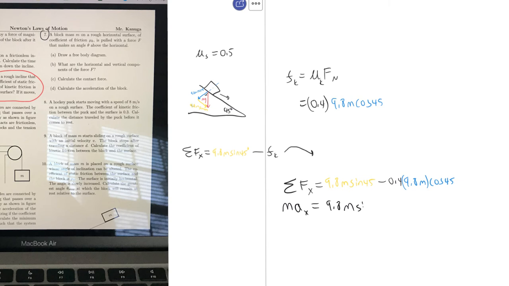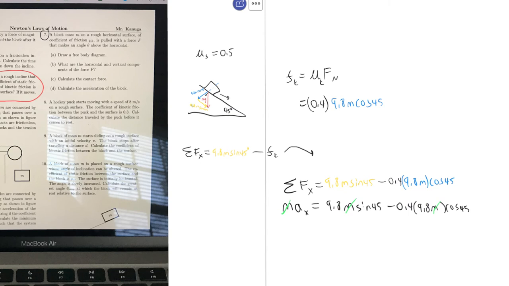I think you get the idea. So we're looking at all that, 9.8 m, that's cosine 45. The masses are going to cancel across the board. So we're about to find the acceleration.